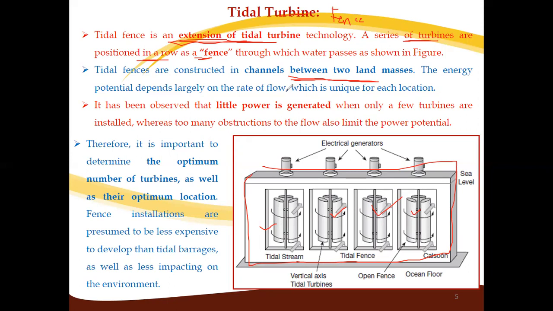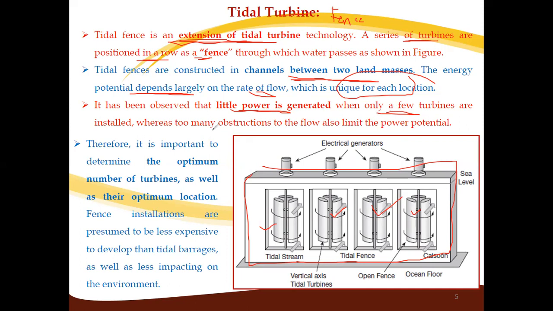The energy potential depends largely on the rate of flow, which is unique for each location. So this potential energy depends on the flow rate of the tides. Now it is observed that little power is generated when only a few turbines are installed. If we have one or two turbines, very little power is generated.